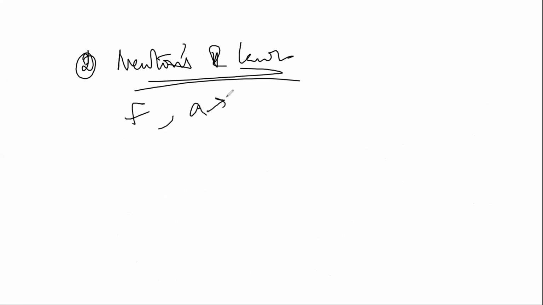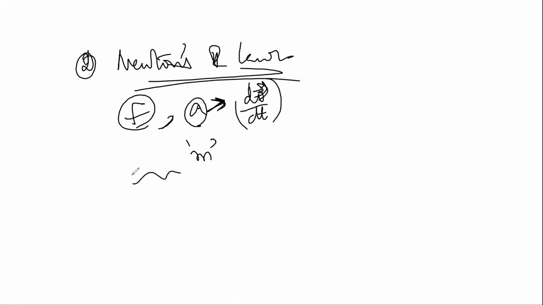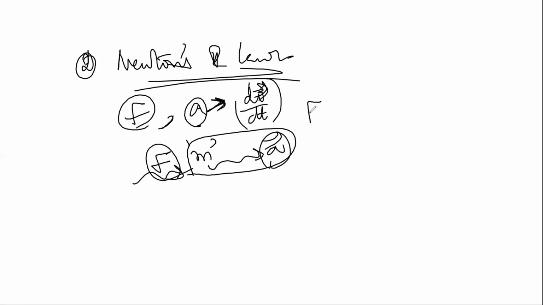We know acceleration is rate of change of velocity, dv by dt, and force is the applied force on a body. Then the body will move with an acceleration a. If I consider a body of mass m, and now if I apply force F, the body moves with an acceleration a, then what is the relation between F and this a? That is given by Newton's second law.